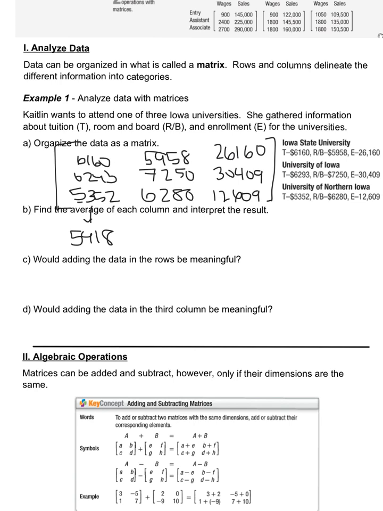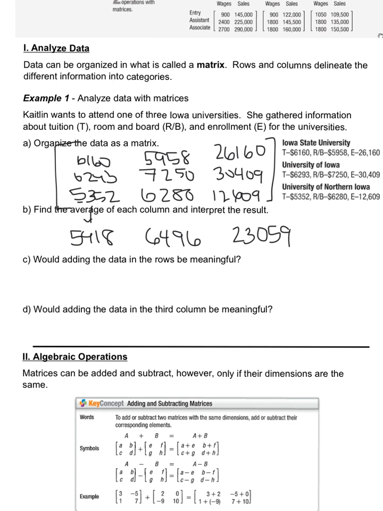And I'm going to round to the nearest dollar just to make life easier. 5958 plus 7250 plus 6280, 6496, 26,160, 3409, 12,609, and divide by 3 is 23. Again, we'll round to the nearest person. No partial people in this.